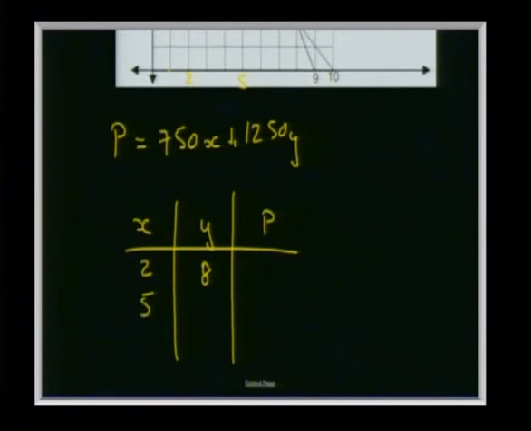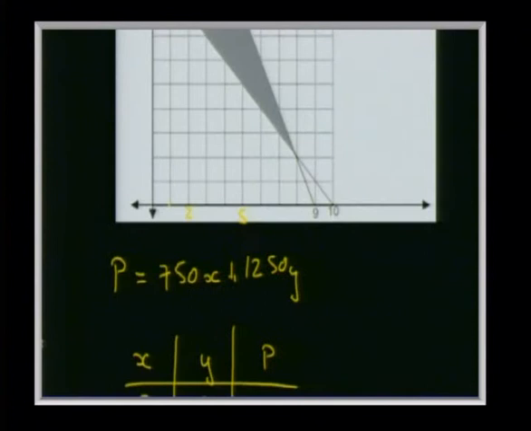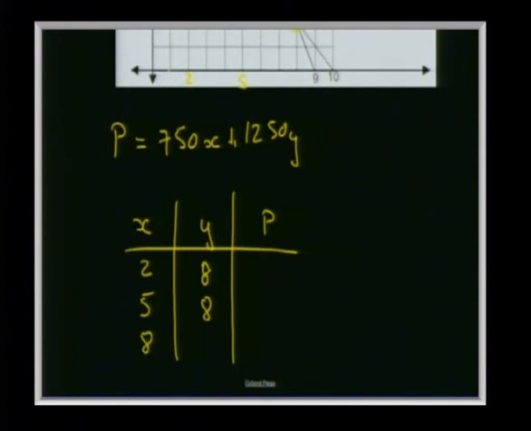So x is 5, y is 8. And the last vertex of my feasible region will be 8, 2: 8 x's, 2 y's. Now all I need to do is take my calculator and pop these numbers in and work out what my profit is going to be.